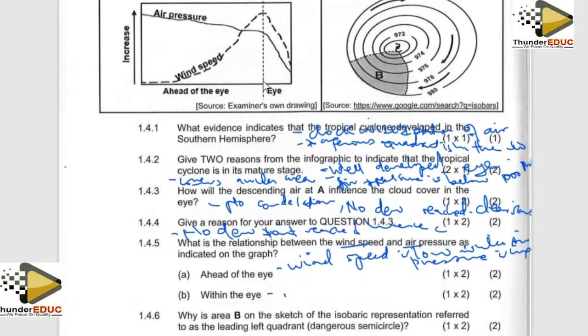Okay, then the wind speed declines. In the eye, the wind speed is low, but also the air pressure is low. So wind speed is dropping as the air pressure is dropping.